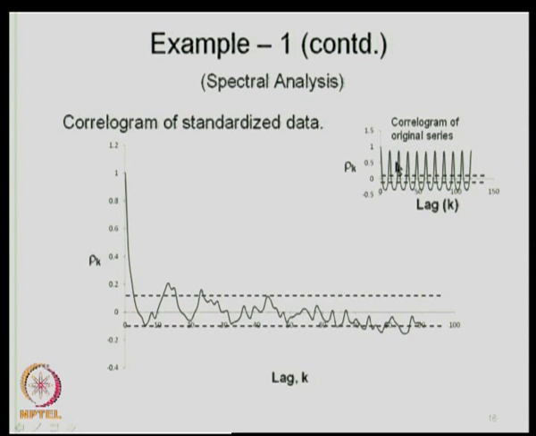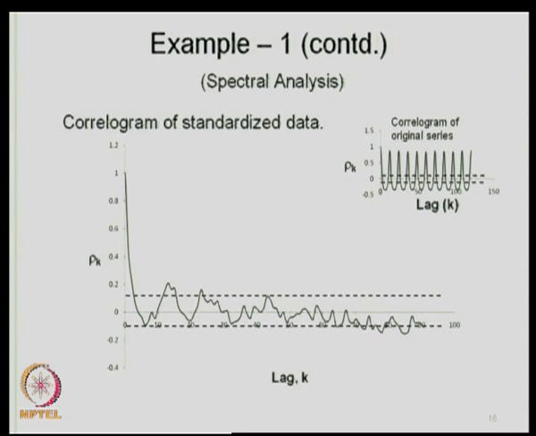So, the periodicity seems to have been removed in the standardized series, but this can be verified through the spectral density. The correlogram shows that the statistically significant periodicities have all been removed, and most of the correlations, except for the really early ones, are statistically insignificant.